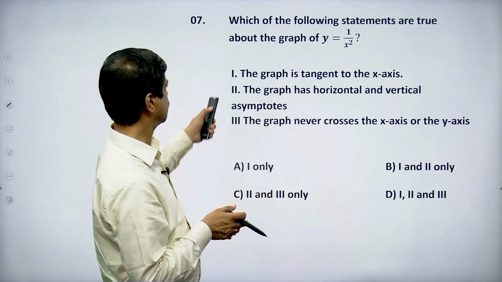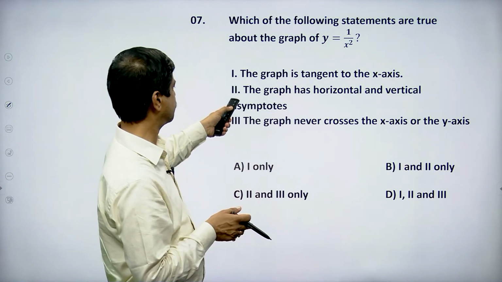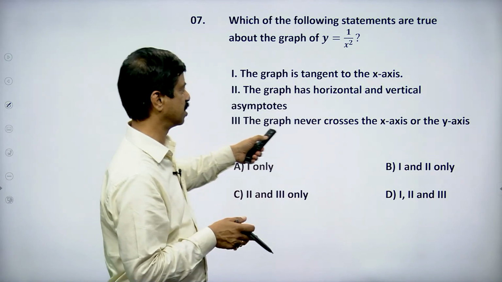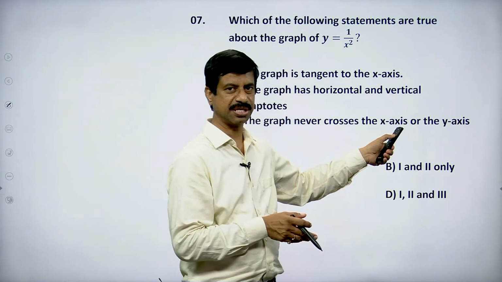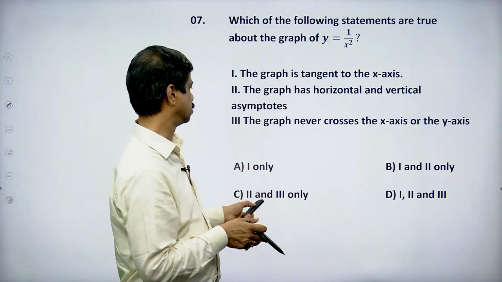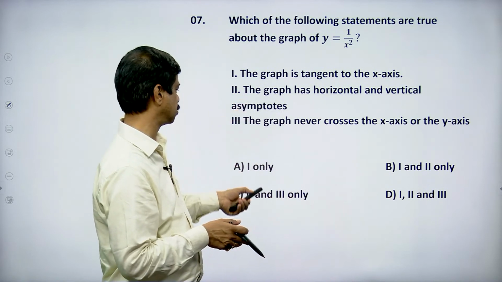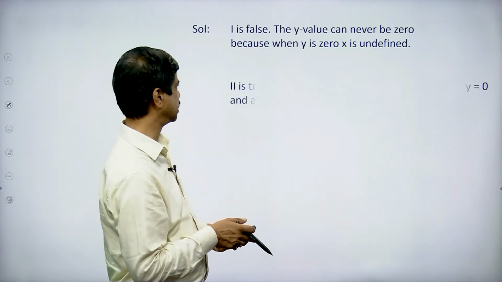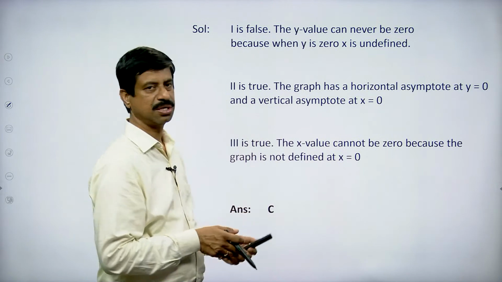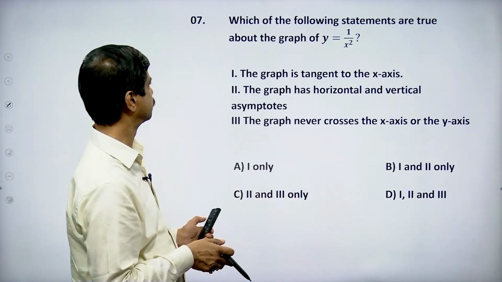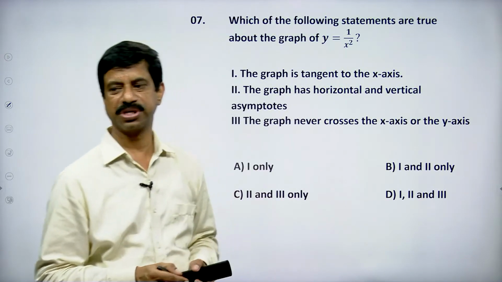So 1 is wrong, 2 is right, 3 is right. So 2 and 3 are right. So option C is there. Right children? So please note it fast, quick children.